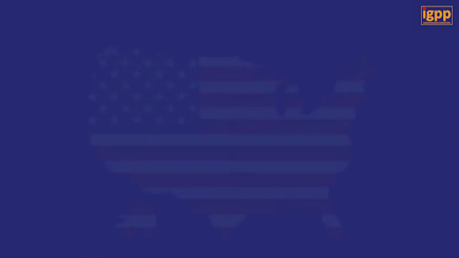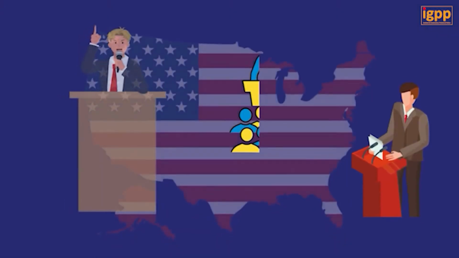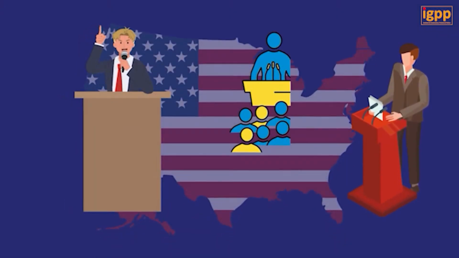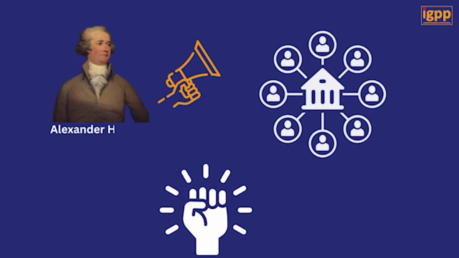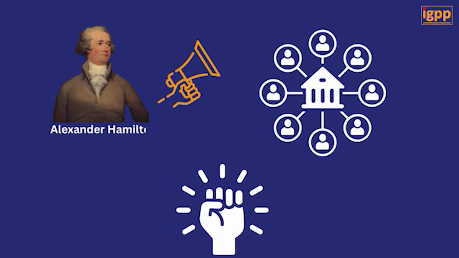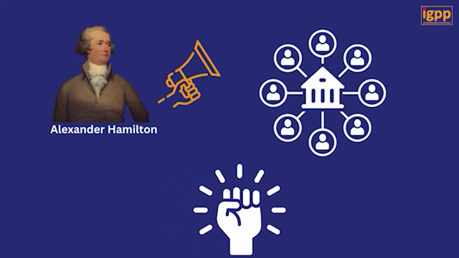In the history of the USA, leaders also left an enduring mark on American politics, shaping the ideologies of their respective parties. Alexander Hamilton, a key founder, advocated for a strong central government and formed the Federalist Party.